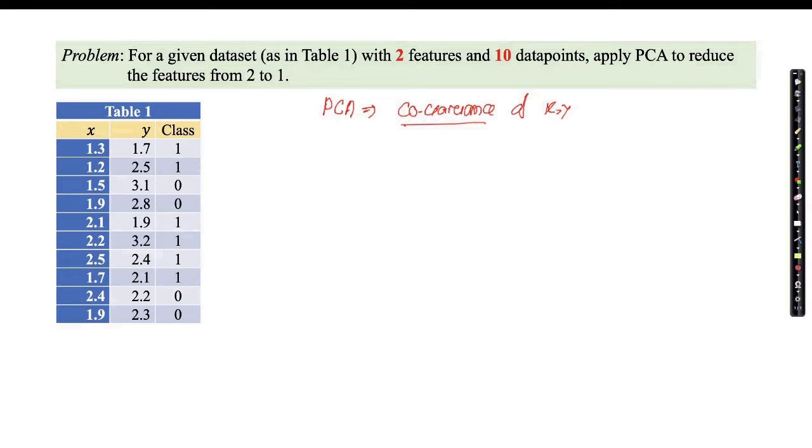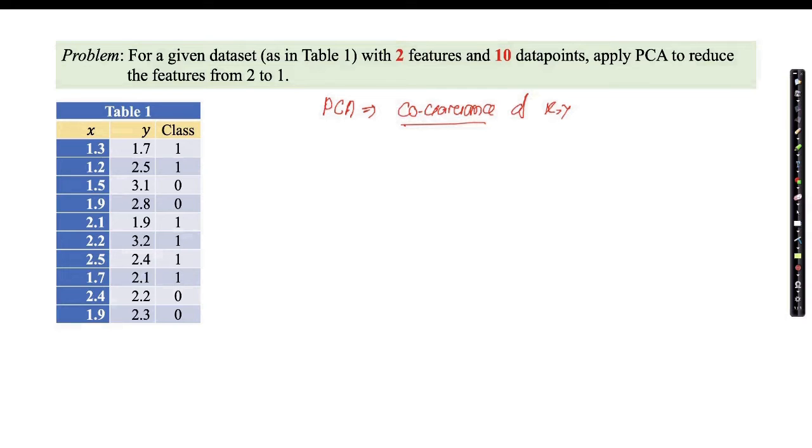Covariance gives a positive number if variables are positively related, and a negative number if they are negatively related. A higher value of covariance indicates a strong relationship between the variables, and a low value indicates that the relationship between the two variables is weak.